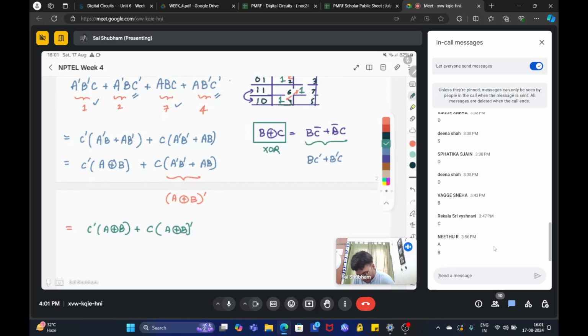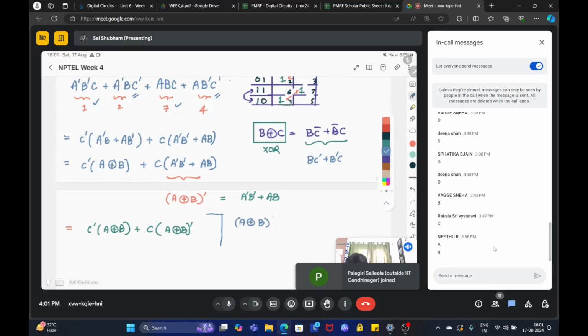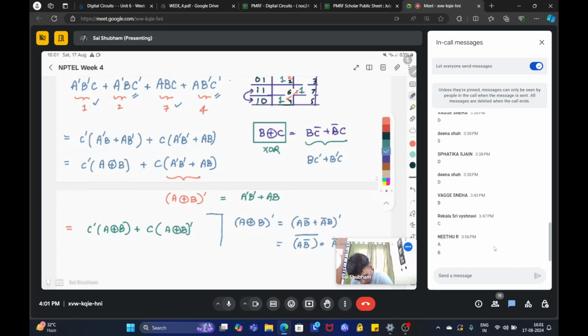So now I think we need to show that A or B whole bar is equal to A bar B bar plus AB. So this we can do. A or B whole bar is equal to the complement of A B bar plus A bar B, which will be, this is from De Morgan's law.